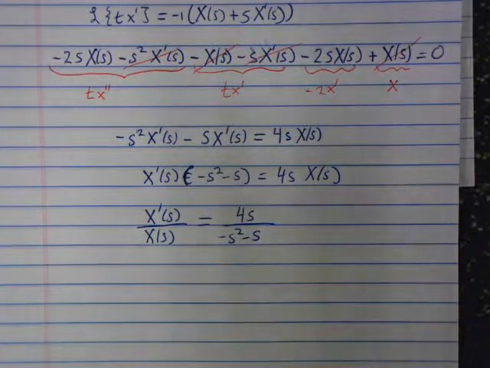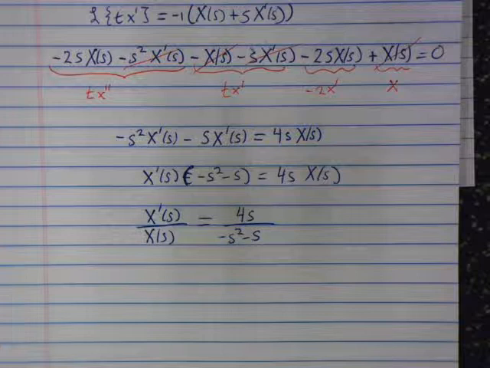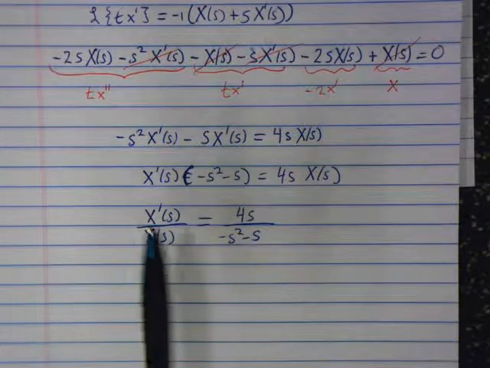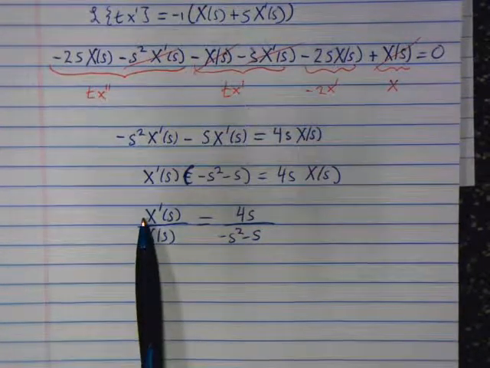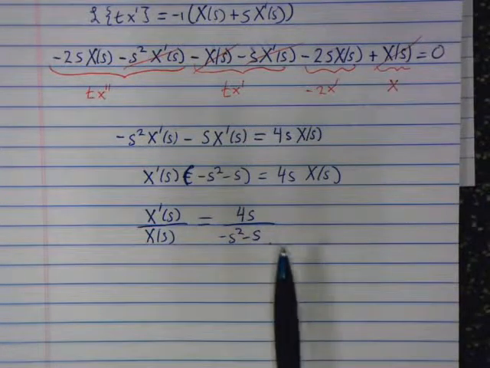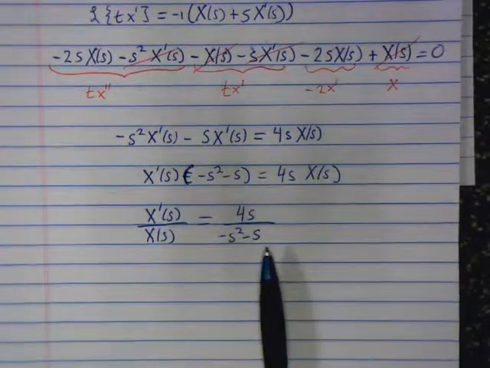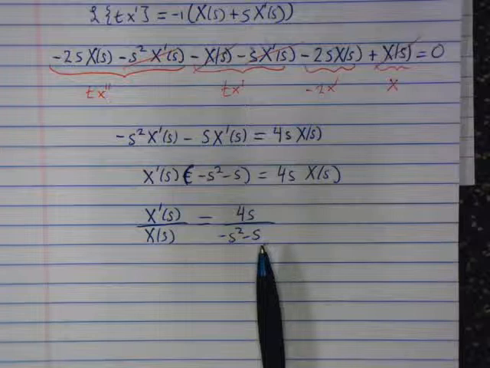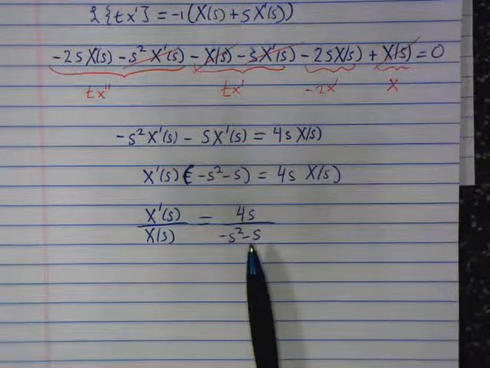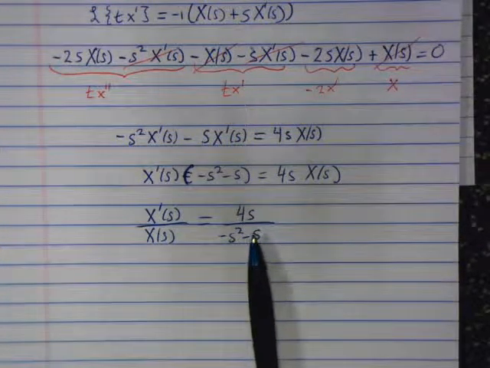I'm going to do what Greg just said. Separation of variables. I separated my variables. Notice that I have all the x's on the left-hand side, and all the s's on the right-hand side. We have a separable differential equation. Way back to chapter 1.